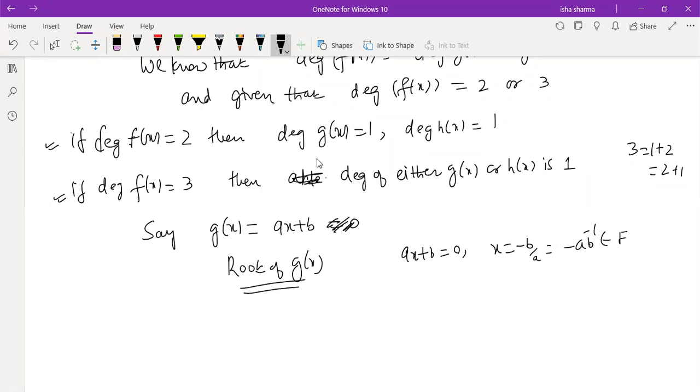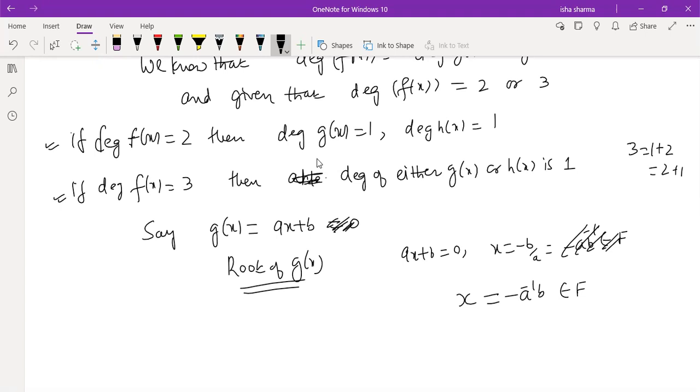Obviously it belongs to the field F, because we are in a field, so inverses exist. So that means this polynomial is going to have a root.